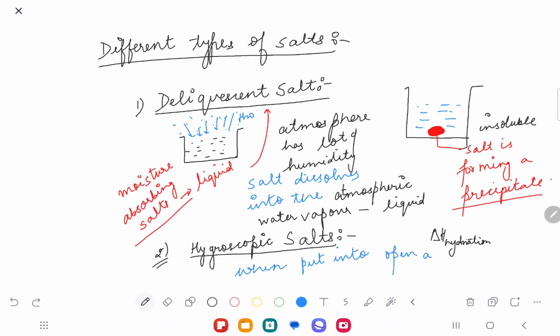When put into an open atmosphere, it would absorb the moisture but not change its state. You understand? So such compounds are called hygroscopic salts.